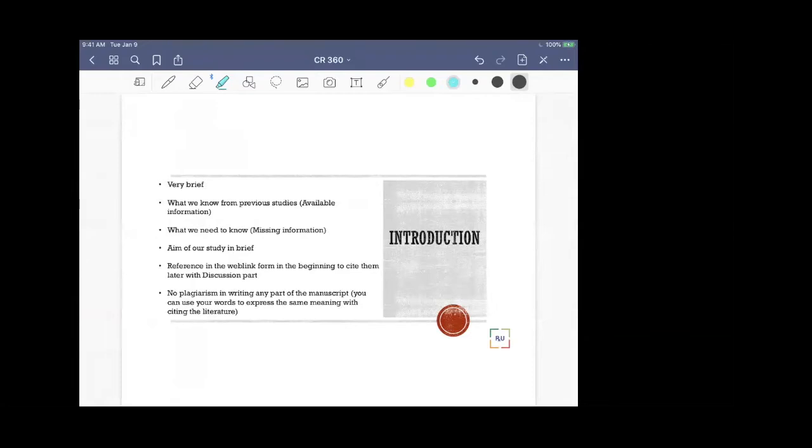When we start, whether it's an observational study, literature review or systematic review, we will talk about how the introduction should differ, for example the content of the introduction. But here we are covering the overall idea of the introduction: how people usually write it, what mistakes they commit, and what mistakes you should refrain from.